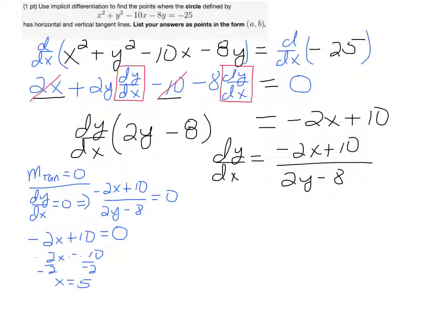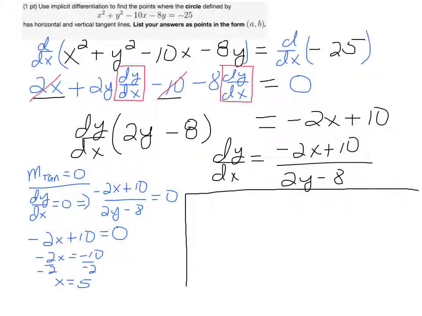Now, if x is equal to 5, we need to find out what y is. And the way that we can do that is plugging it back into the original equation. So let's go ahead and do that, and we'll put 5 in.